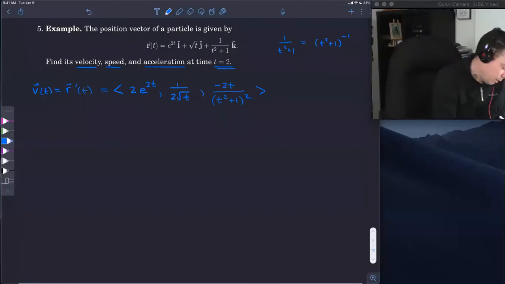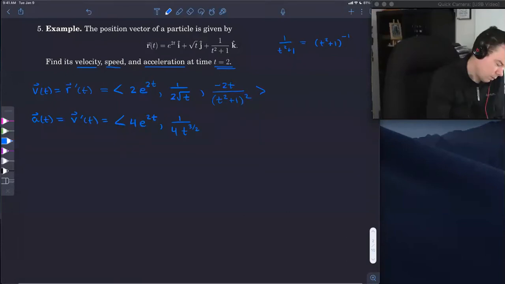Now we want to find the acceleration. So the acceleration is going to be the derivative of the velocity. And so we go ahead and differentiate again. That's 4e to the 2t. This is going to be negative 1 over 4t to the 3/2.